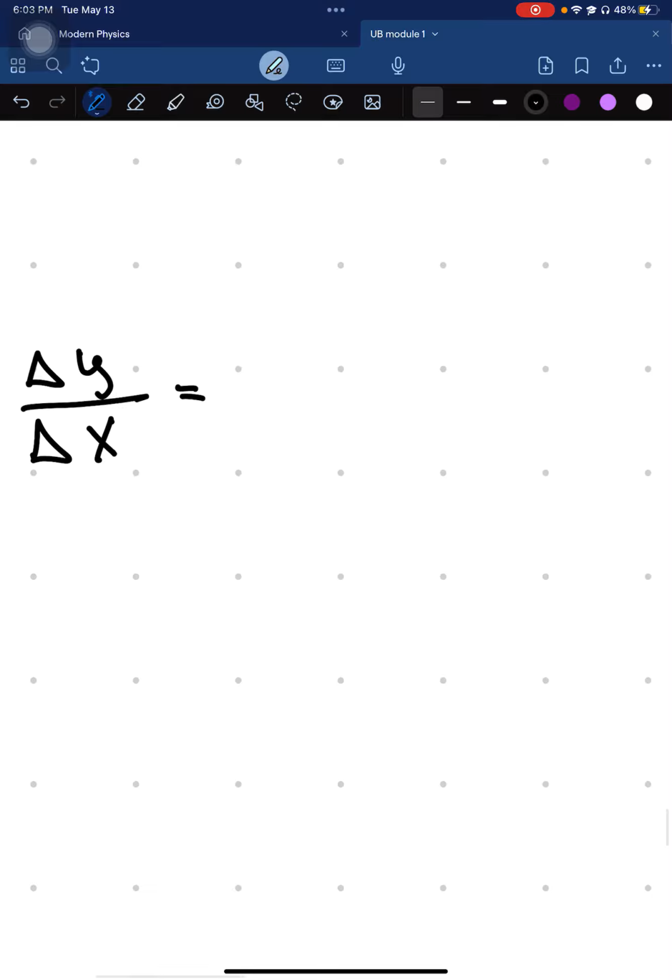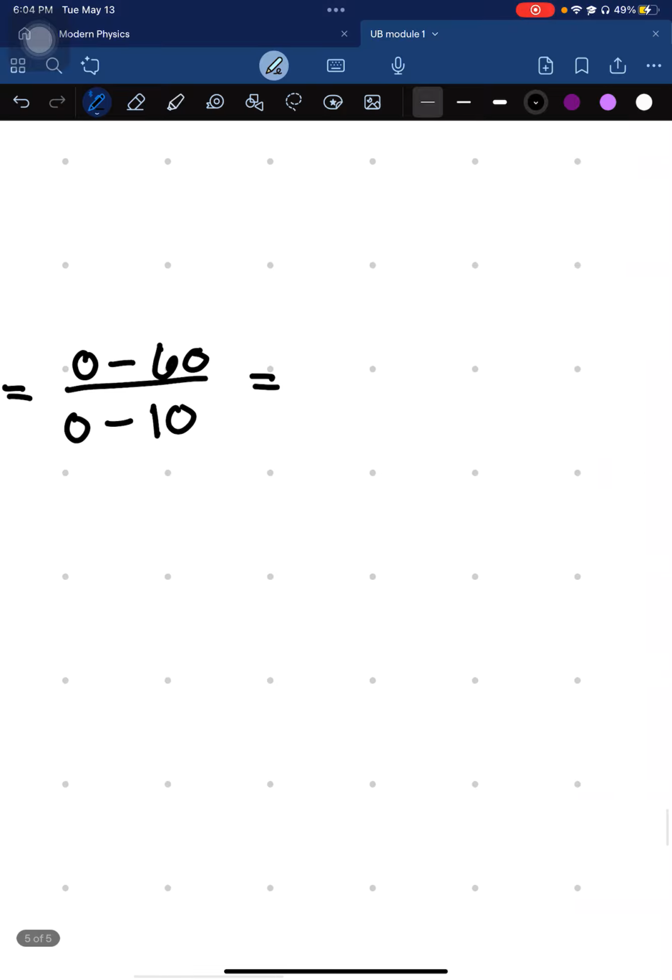But we know that slope, or m, is equal to the change in y over the change in x. So the change in y in this case is going to be, we start from 0 and we end up at 60. Over our change in x, we start from 0 and we end up at 10. So negative 60 over negative 10 is going to be a positive 6.